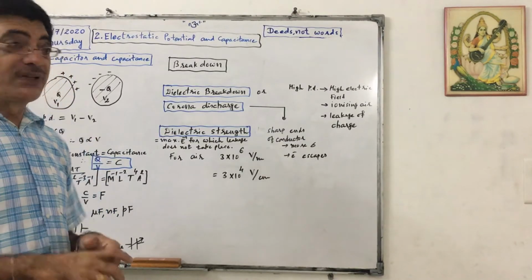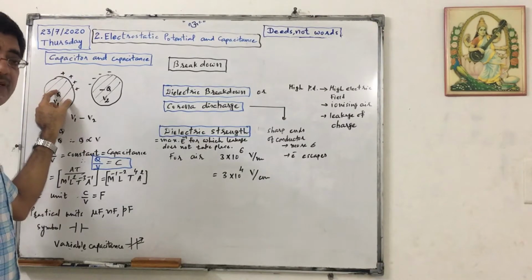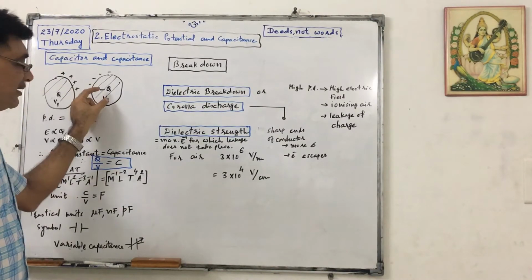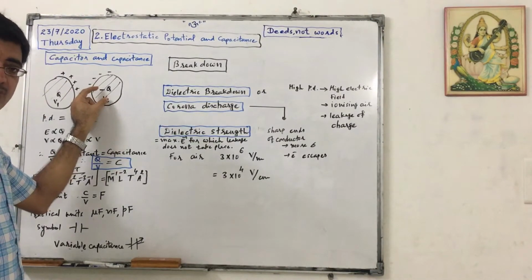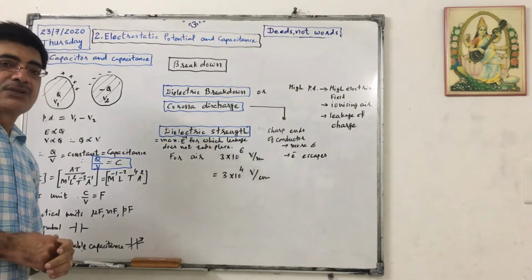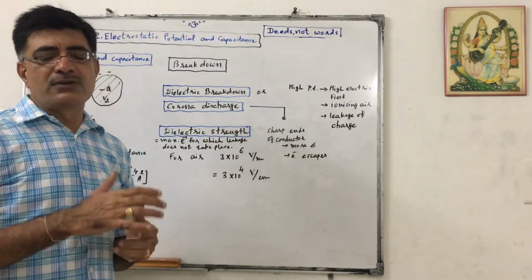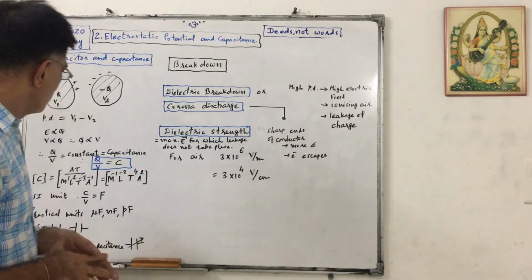Suppose the absolute potential of this is V1 and the absolute potential of this is V2, then V1 minus V2 is called the potential difference V. Since V equals kq by r, V is also proportional to Q, or Q is proportional to V.